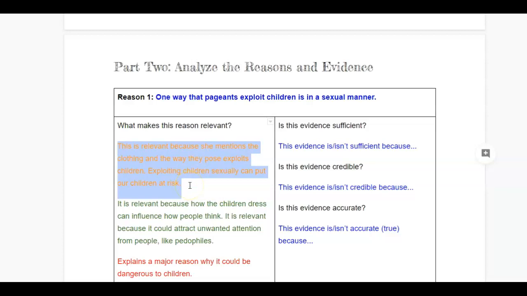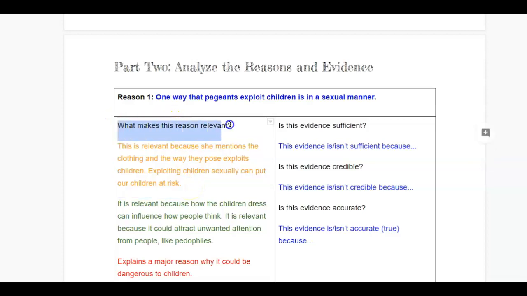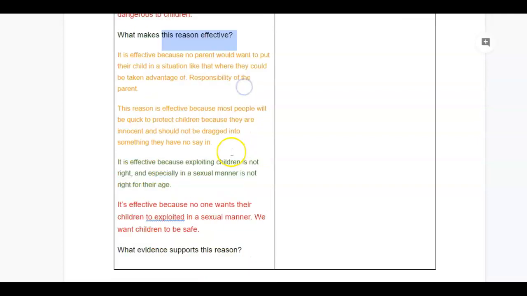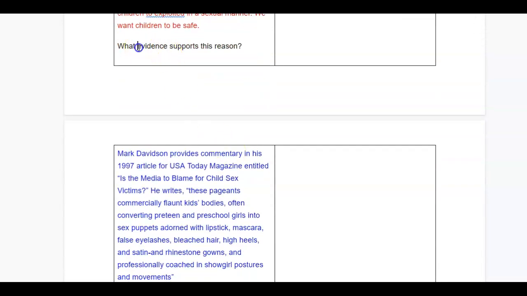If you don't have a complete sentence, then all you would need to do is use the question as a sentence stem. This reason is relevant because. This reason is effective because. The evidence she used to support this reason is, and you can paste in your evidence.